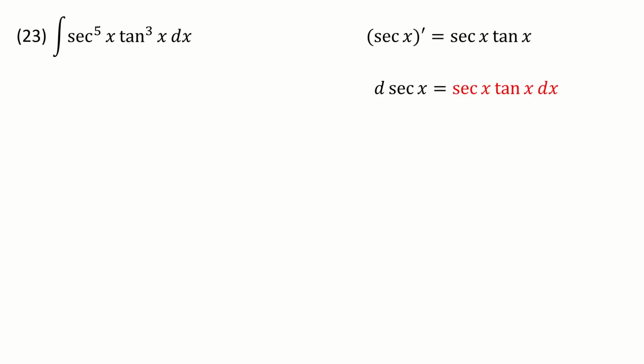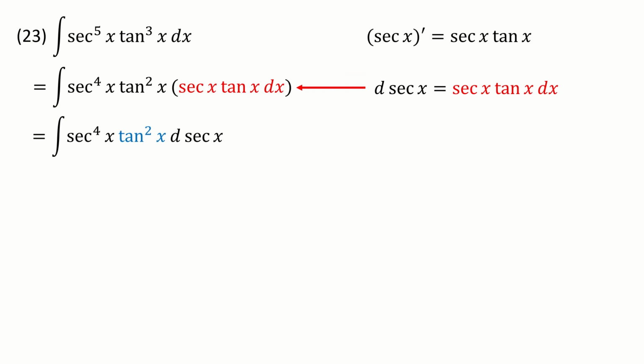So we can write it this way. Next, we take one term from the secant x to the power 5 and one term from the tangent x to the power 3 and group them this way. Now we can replace these red terms with d secant x.